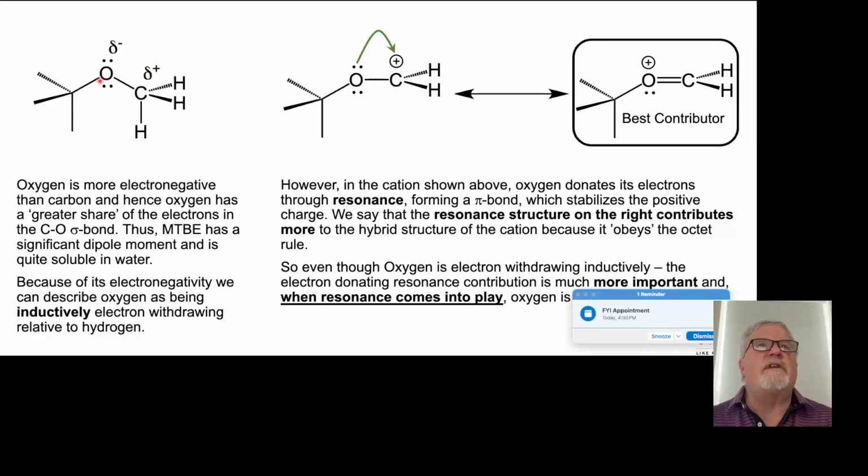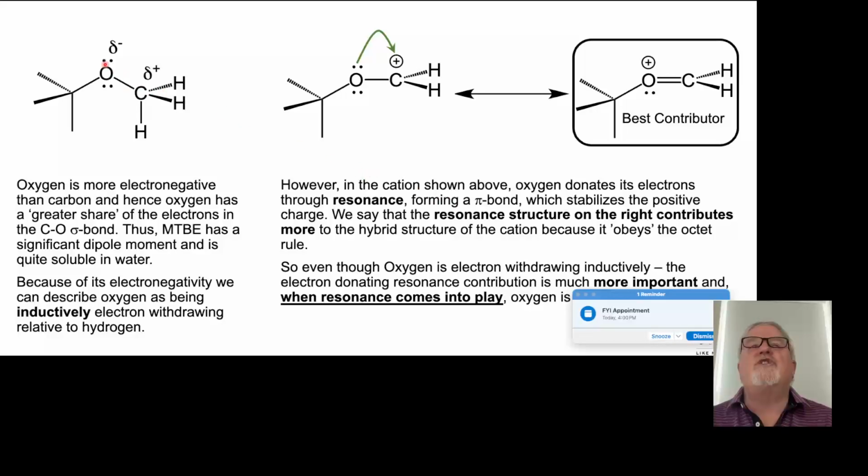It's got a little bit of a dipole, and as it turns out, methyl t-butyl ether, there's the methyl group, there's the t-butyl group, is a little bit more polar than we might expect, and in fact it's quite soluble in a water system, much more than we would anticipate. If we exchange that oxygen for a carbon, it wouldn't be soluble very much at all because it wouldn't have that dipole moment. But when we put the oxygen there, we get this inductive effect.